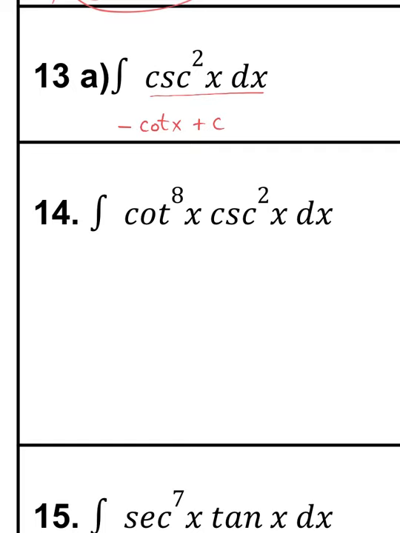To check that, we would take the derivative. That negative 1 would come along for the ride, and the derivative of the cotangent is negative cosecant squared of x. So that negative and a negative would give us a positive. So this is one where, of course, we don't need u substitution. Hopefully you just recognize this from your derivative flashcards.